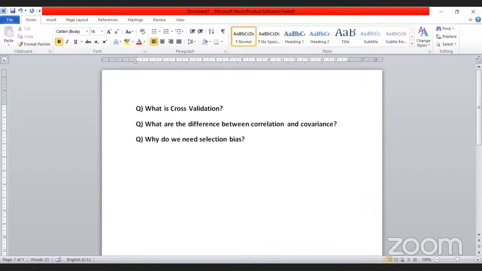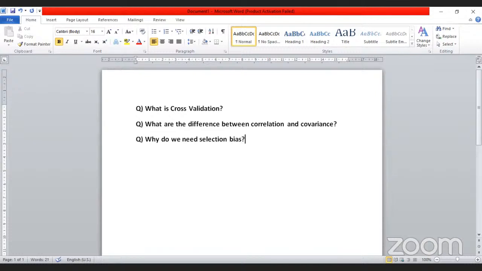Okay, I will tell in a simple manner. Selection bias appears when we are taking sample data for analysis, right? If there is no randomization in that data, that is the selection bias, right?